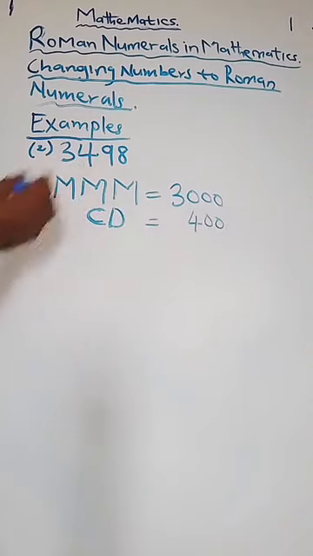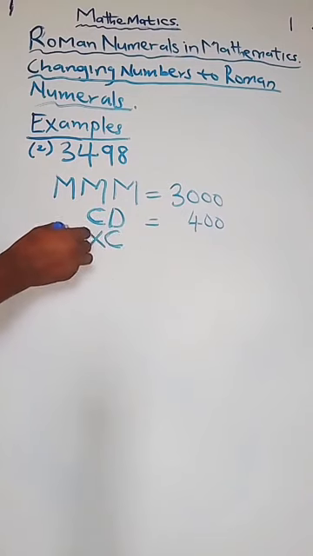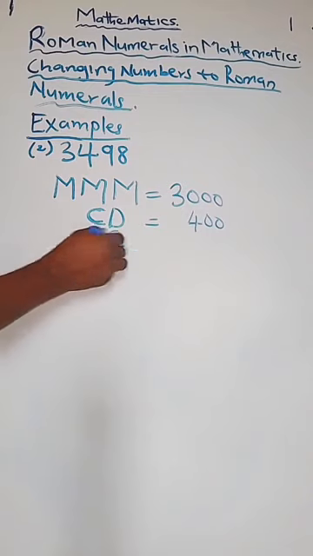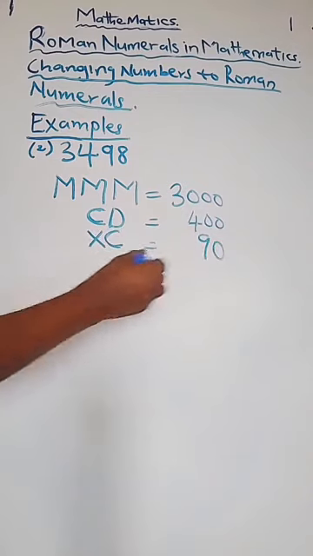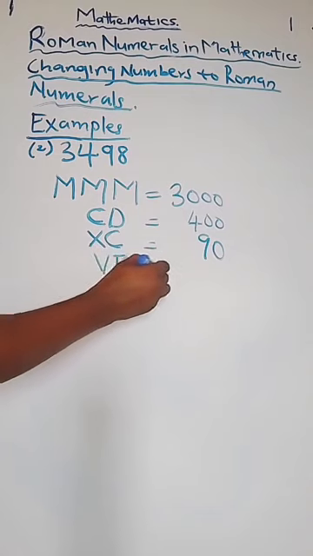We have 98. 90. C is 100. X is 10. We put it before. If you put it after, it will be 110. Because we are looking for 90, we have to put it before C. So it's now 100 minus 10. This is our 90. Then 8. V is 5 plus 1, 6 plus 1, 7 plus 1, 8. So V, I, I, I is 8. So this is our 8.